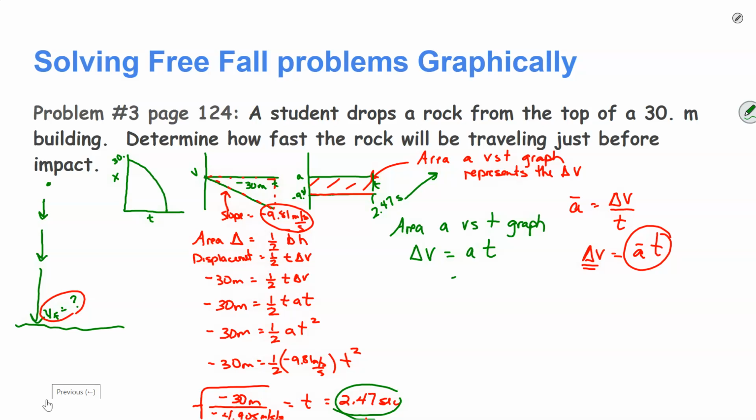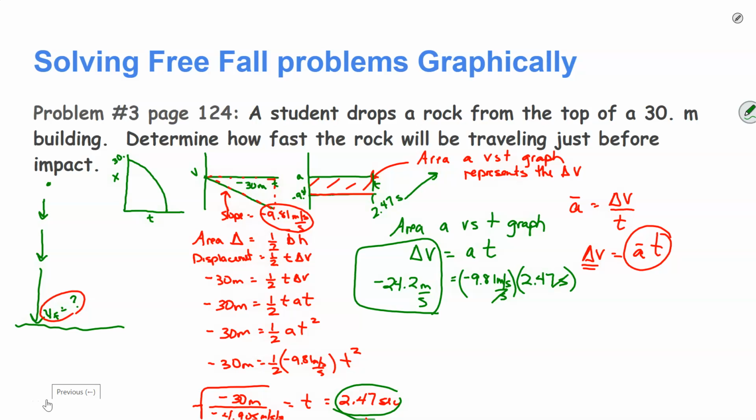So we have a negative 9.81 meters per second each second times the time, which is 2.47 seconds. Time will cancel out. We would get a negative 24.2 meters per second. That's what the change in v is.